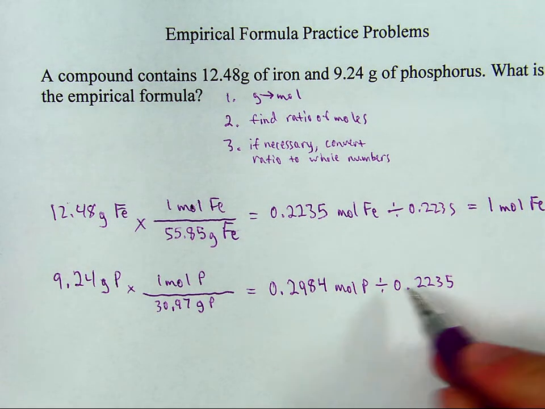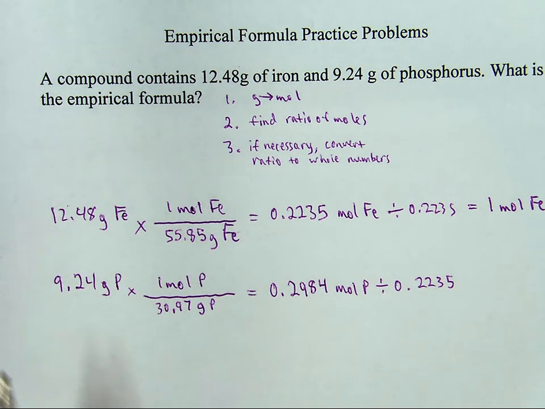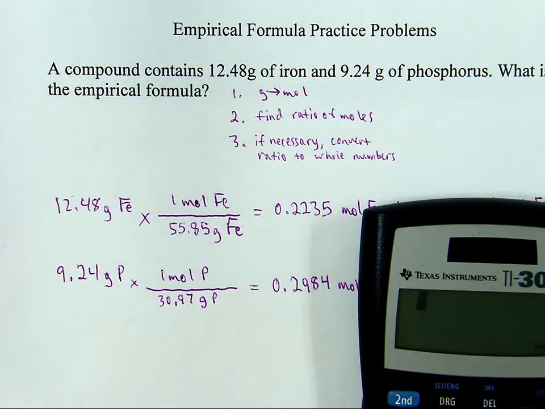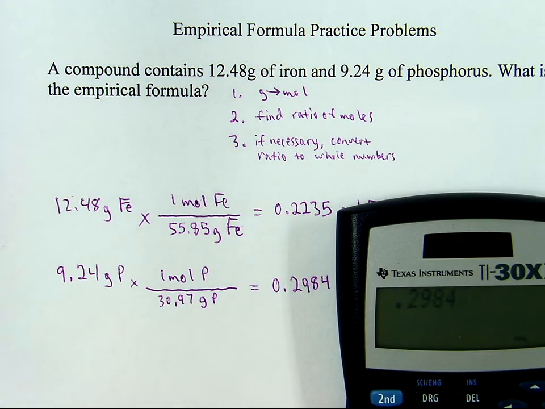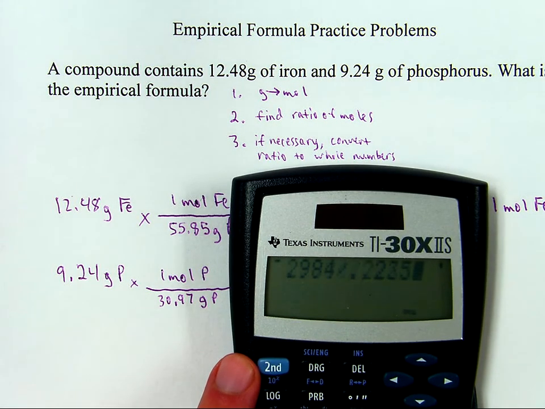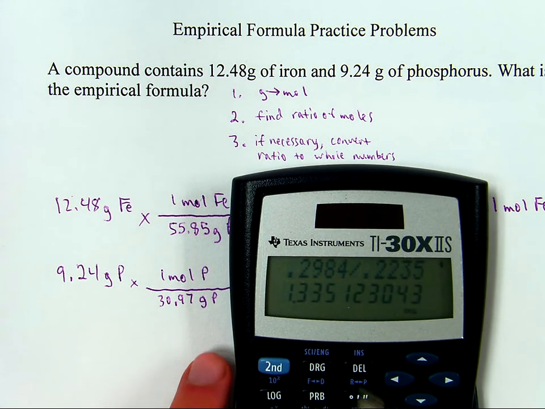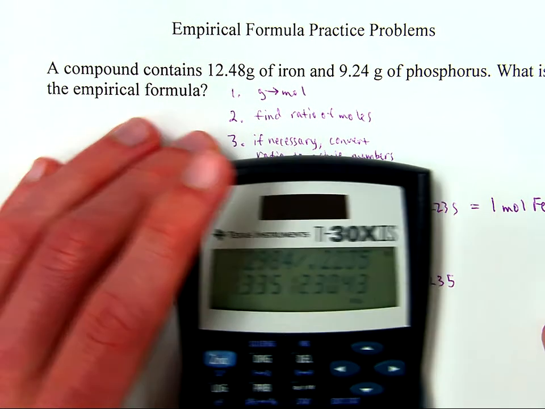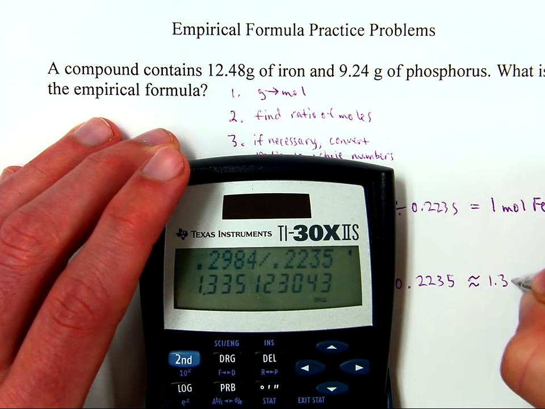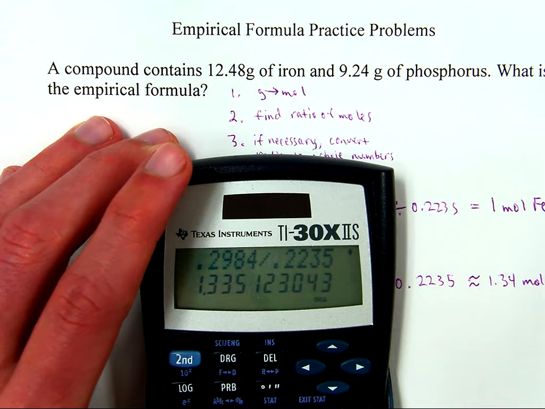And this one's getting divided by the smaller number: 0.2984 divided by 0.2235, and we'll get approximately 1.34 moles of phosphorus.